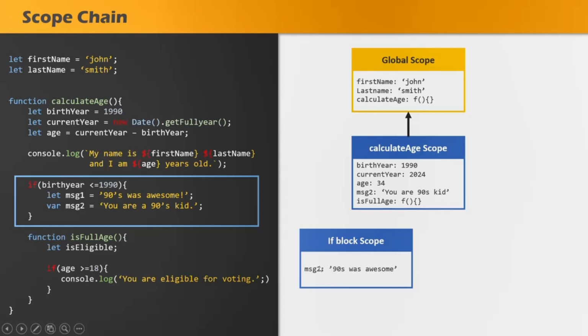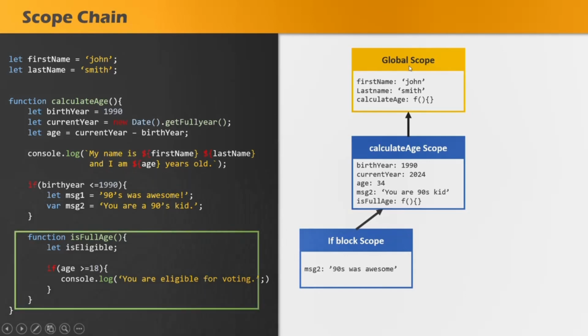Message two is created using var keyword, so it will have function scope. Since this if block is sitting lexically within this calculate age function, it will also have access to the scope of that calculate age function. And since this calculate age function also has access to the global scope, indirectly this if block scope will also have access to all the variables and functions declared in the global scope.